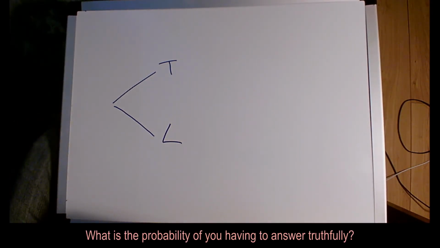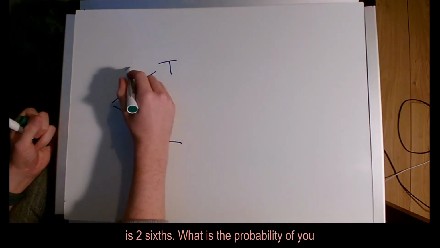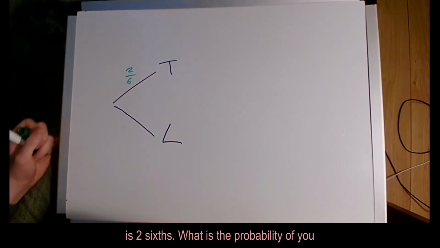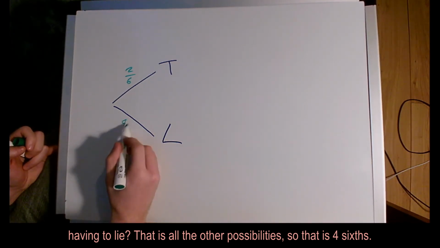What is the probability of you having to answer truthfully? That is the probability of rolling a 3 or a 4, so that is 2/6. What is the probability of you having to lie? That is all the other possibilities, so that is 4/6.